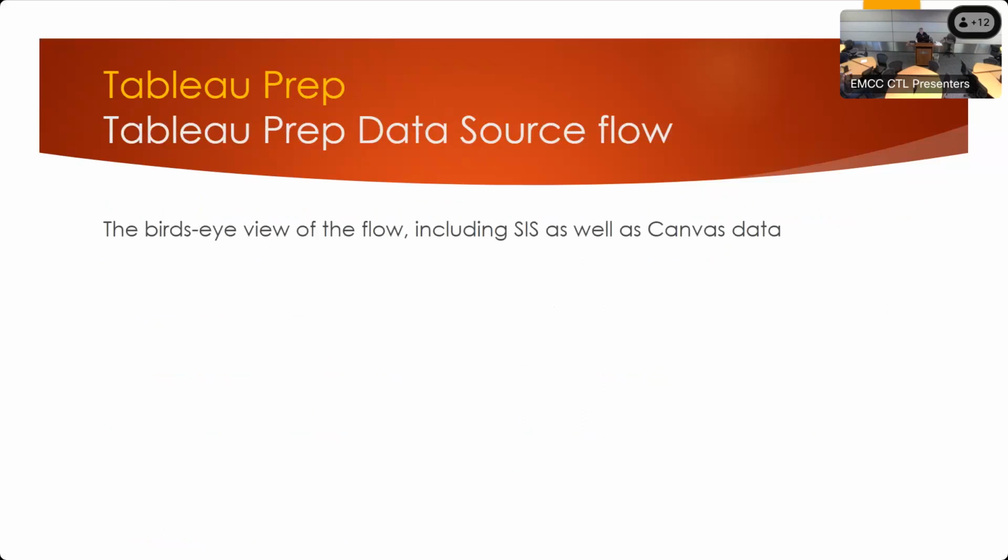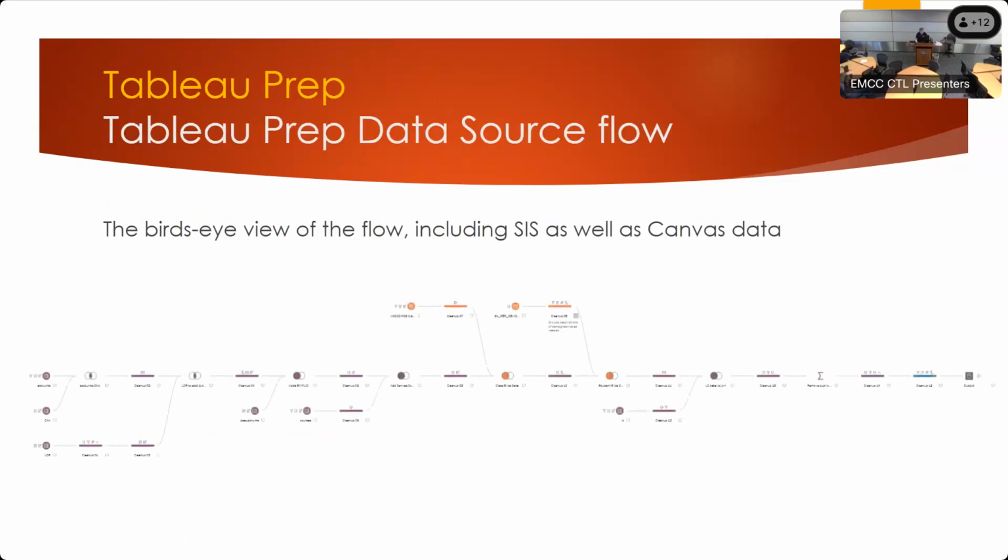Now, this is a bird's eye view of what I'm going to call the flow. If you can read this, you need to probably be a bird of prey. The font is extremely small. I'm going to zoom in on different portions in a little bit.